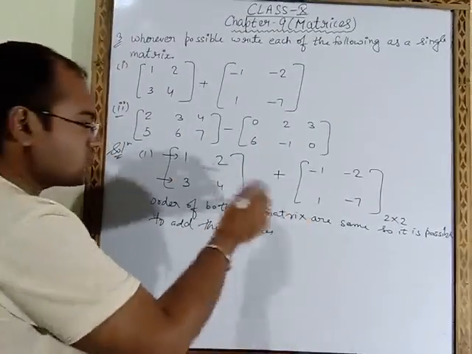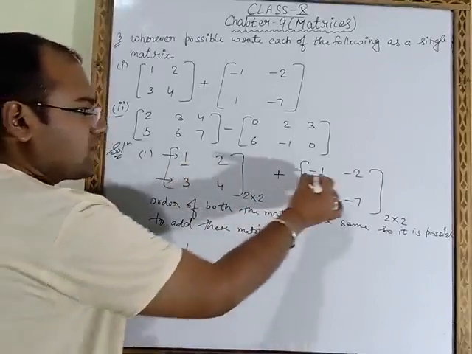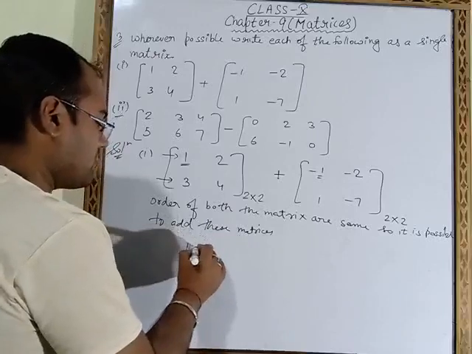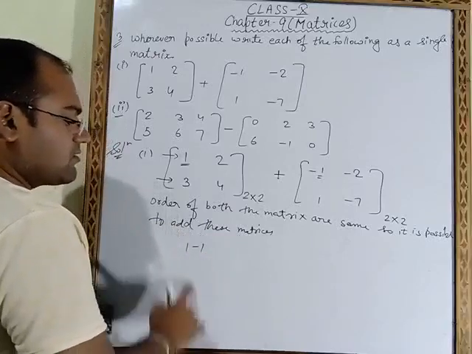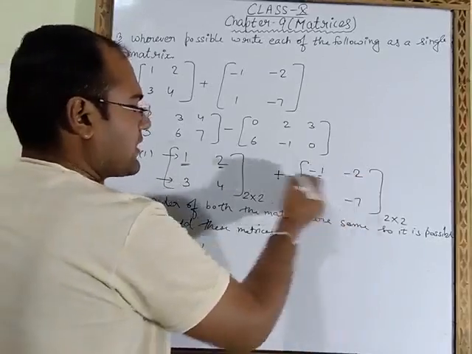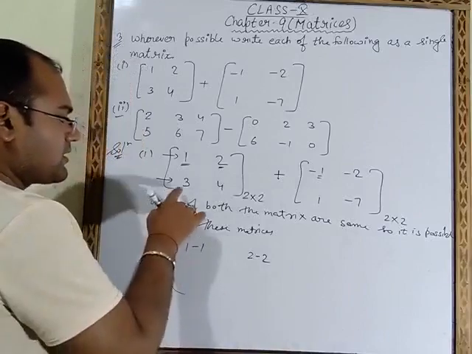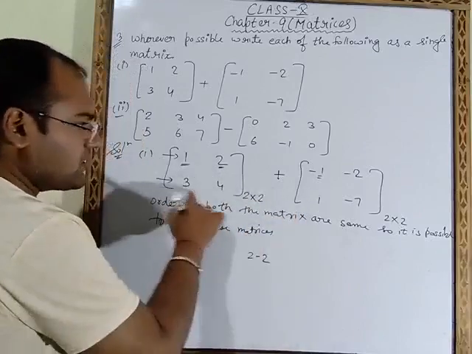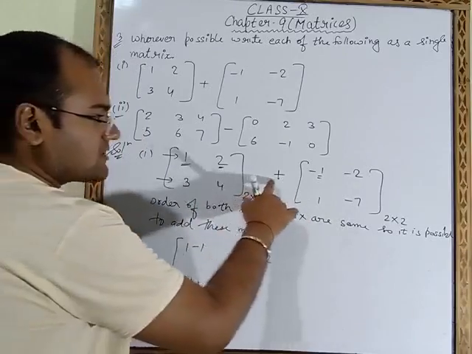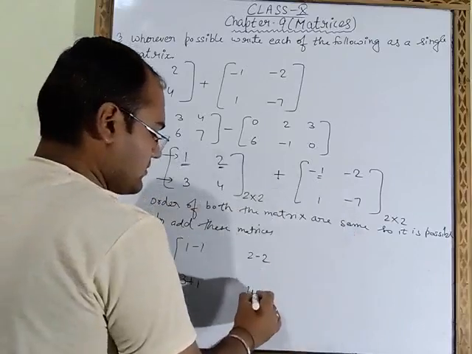So now we will add these two. 1 plus minus 1. This is the first element, here the first element is minus 1. So plus and minus will become minus. So 1 minus 1, this will be the first element. Now second, 2 plus and minus will become minus, 2 minus 2, this will be the second element. 3, here it is plus, 3 plus 1. 4 plus and minus will become minus, so 4 minus 7.